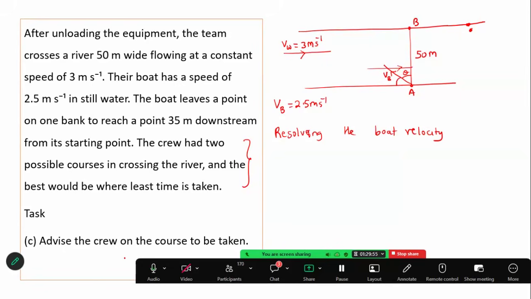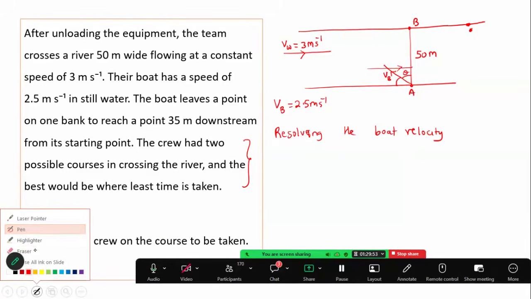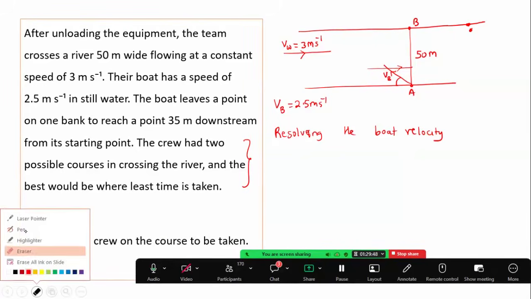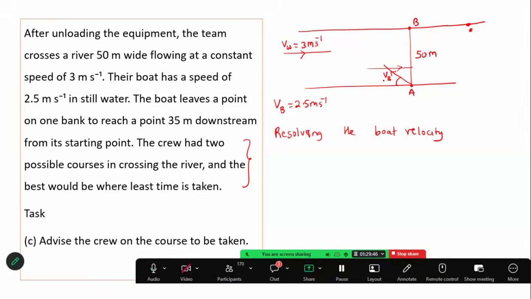But allow me to put this angle along the bank, because the best course should be along the bank. If I'm to go across the river, what should I have? What about if I'm to go upstream? Those are the two things we are going to look at.